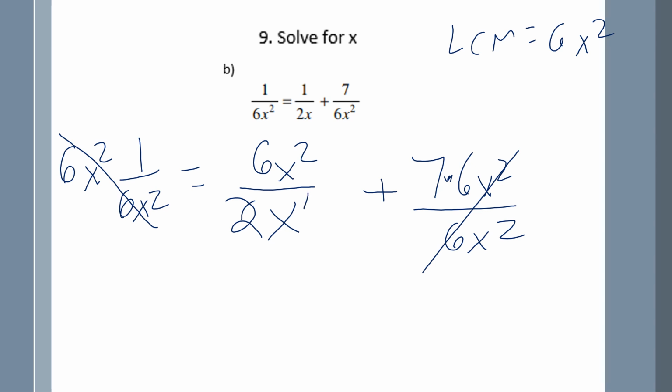Using your laws of exponents, you subtract those x's, and it's going to be 3x equals 1 plus 7.